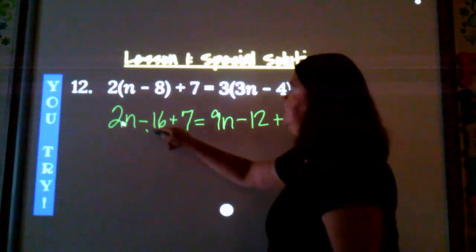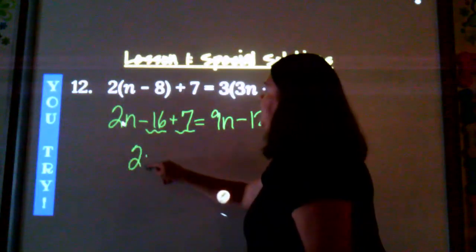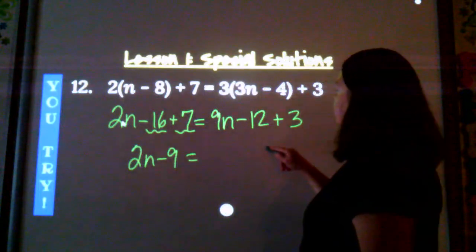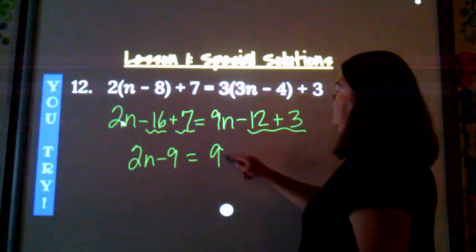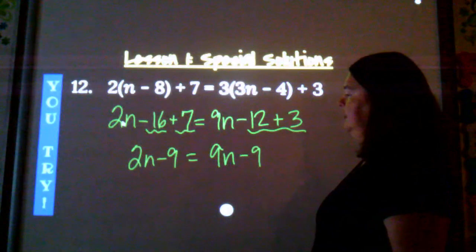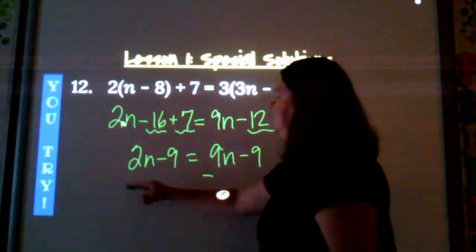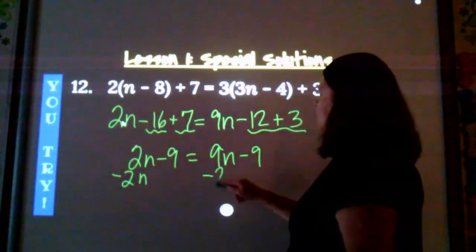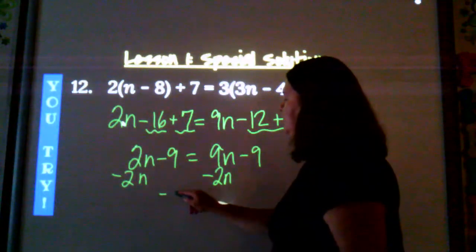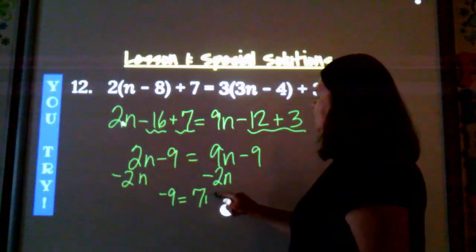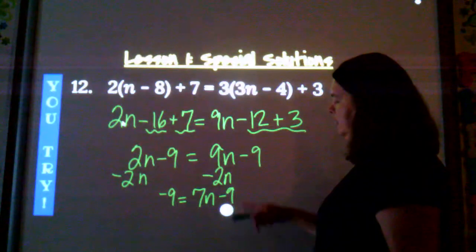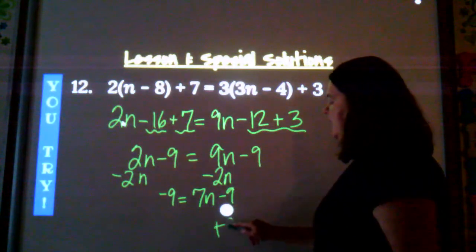Combine like terms, these guys. 2n minus 9. Combine these. 9n minus 9. I'm going to move my variable. I want to move the 2n. I like keeping my coefficients positive, but that's just me. 7n minus 9. I'm going to move this minus 9. I'm going to add 9.